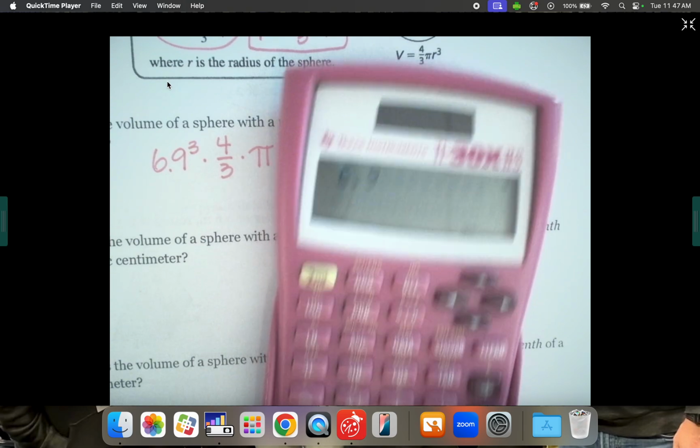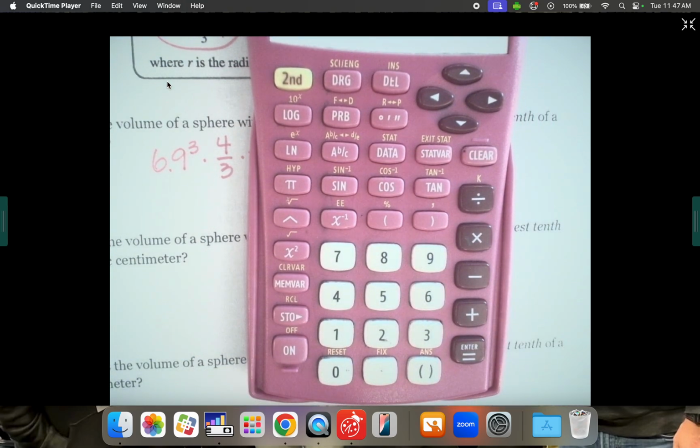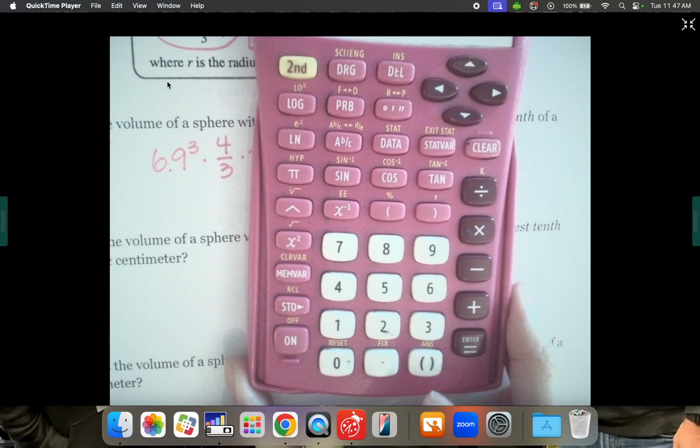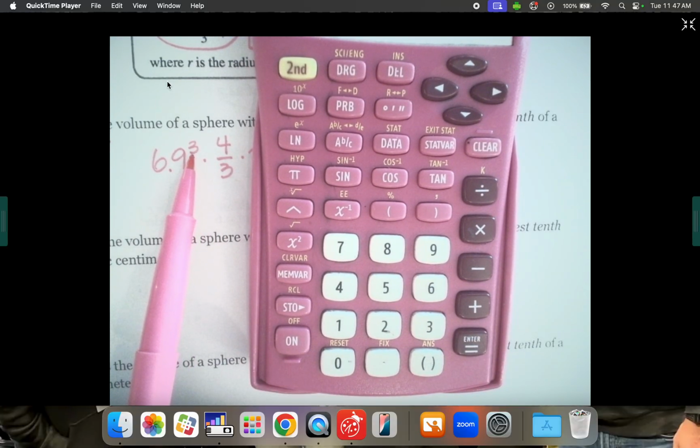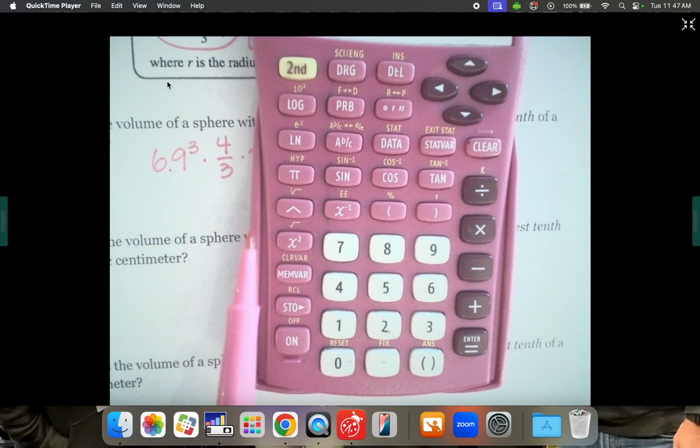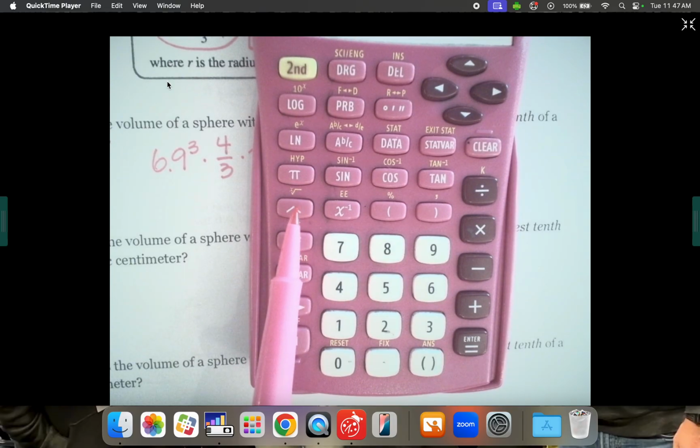6.9 cubed. You might remember from an earlier video, I have a squared button, but my calculator does not have a cubed button. So what I'm going to push instead is this little caret key. It looks like a rooftop of a house, and what that means is to the power of. So this is going to raise a number to the power of whatever number you push.